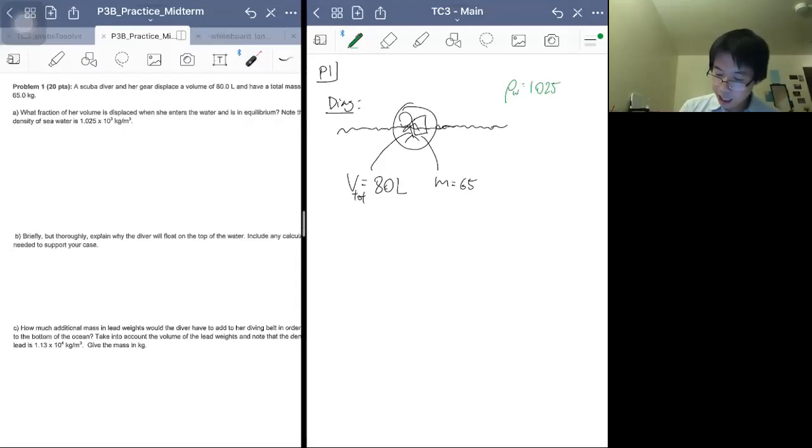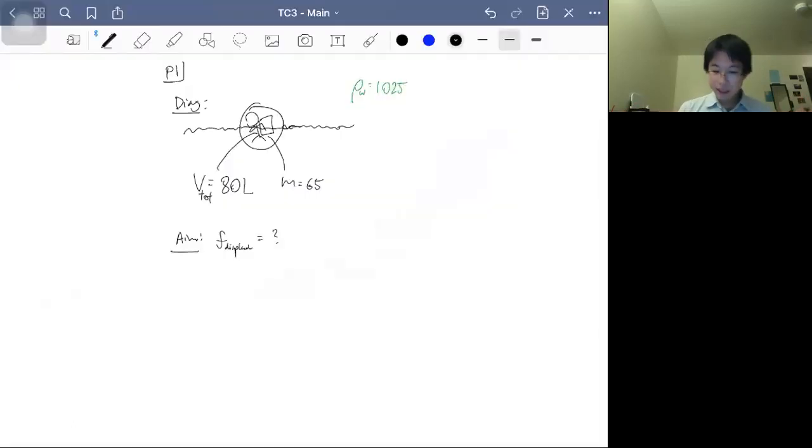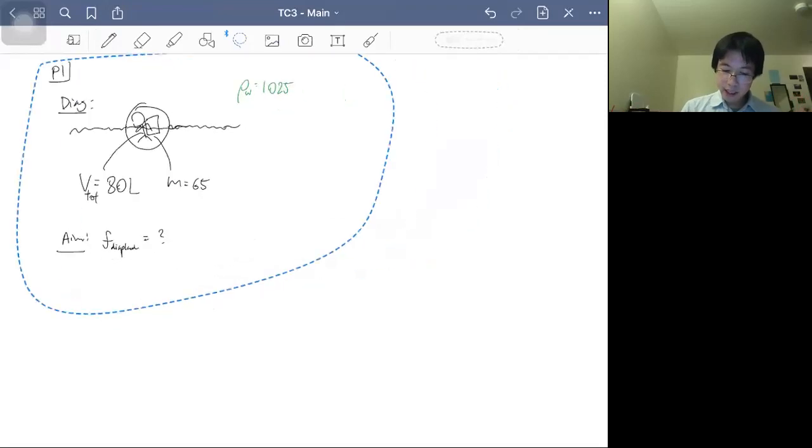That's SI, right? The aim is to find the fraction displaced. Cool. Question mark. Okay. Any questions so far? Okay, so now we can focus on this.